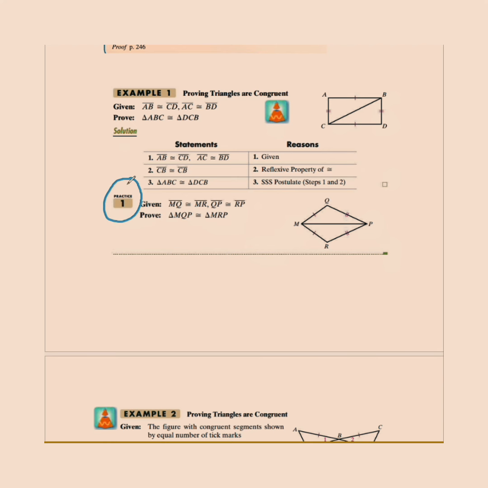Let's take a practice example. So on the left side, I will be writing my statements, and on the right side, I will be writing my reasons. So my statement number 1 is line segment MQ is congruent to line segment MR, and my reason is that this information has been given to me.